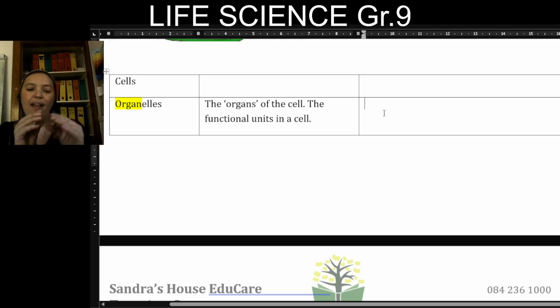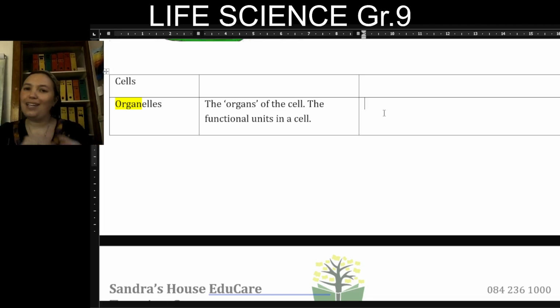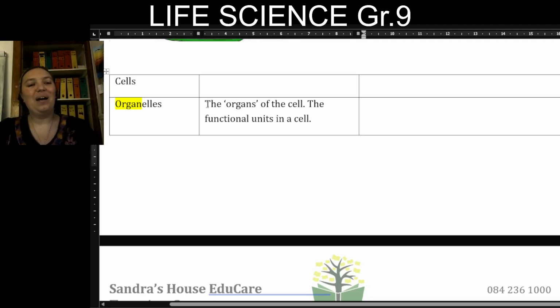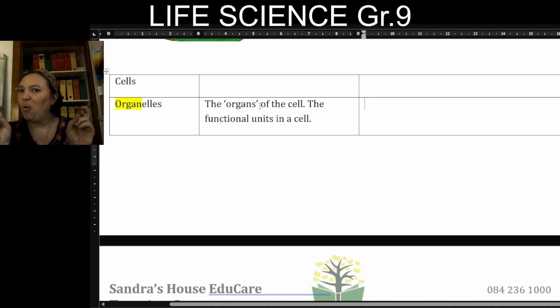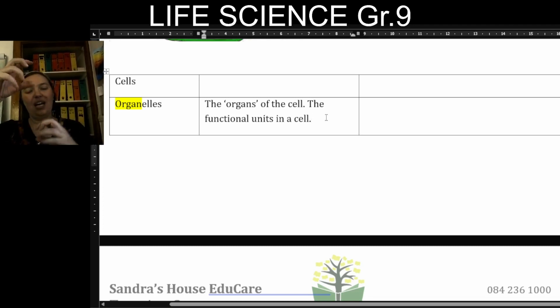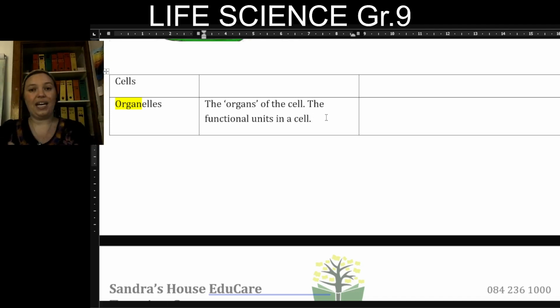So it's like the tiny little organ in the tiny little cell, rather than the big organ in the big human. Basically the organs of the cell. In a more biological way, we can say that they are the functional units in the cell. Each one has its own function, and together they all work together in order to make the cell work.